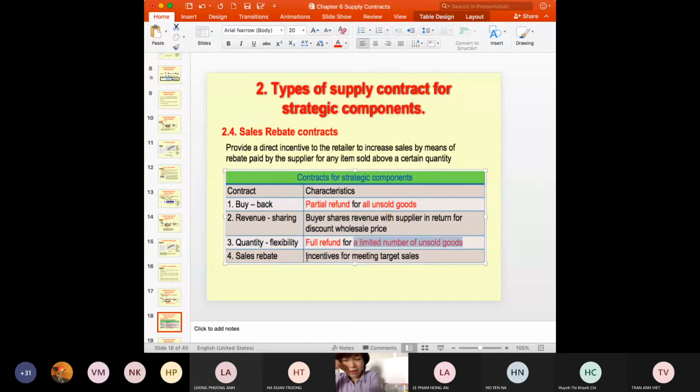So for example, if this month you sell more than 100 products, you will get benefits from the supplier. So the buyer is motivated to sell more, so they can get benefits from the supplier.